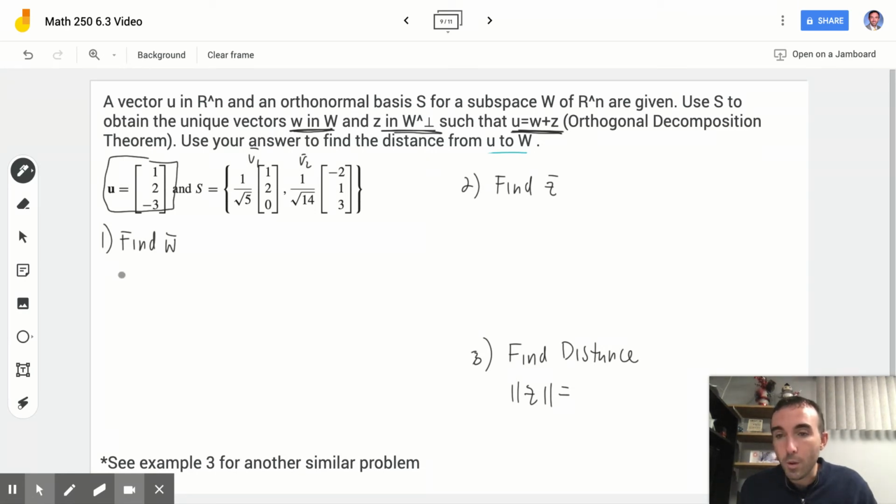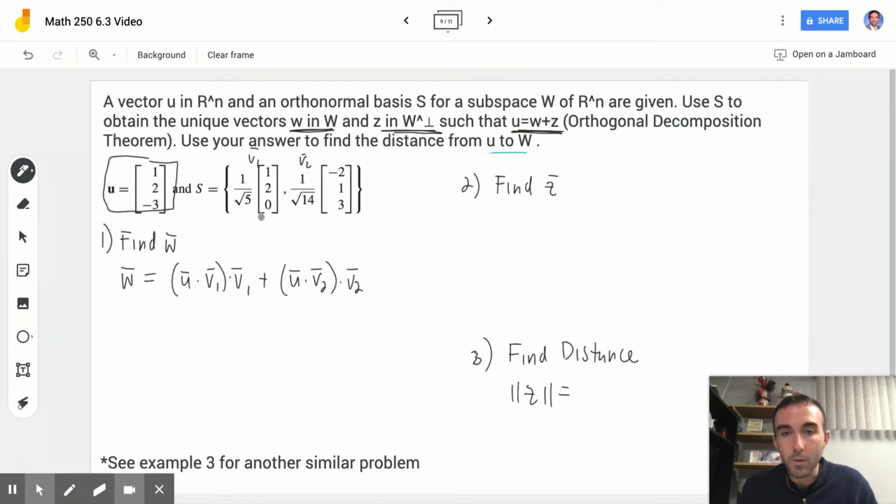To find vector w, we find the dot product of u and v1 with v1, and add to it the dot product of u with v2, and then v2 as well.